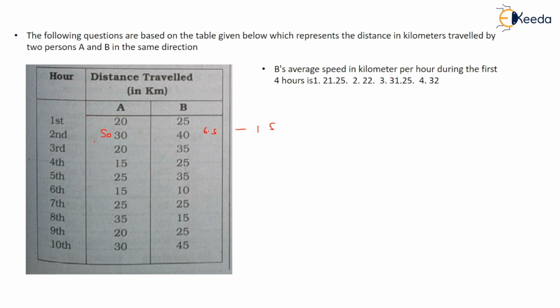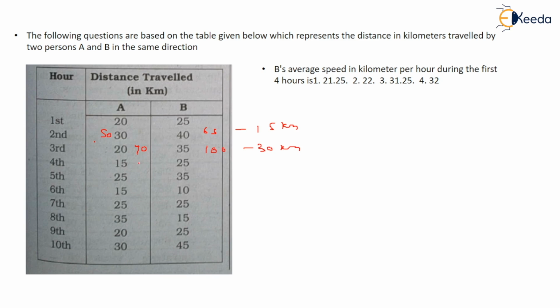So for the first 2 hours, the total difference was 15 kilometers. Then for the third hour, if you add, this comes out to be 70, and this comes out to be 65 plus 35, that is 100, right? So the distance is 30 kilometers in the third hour.